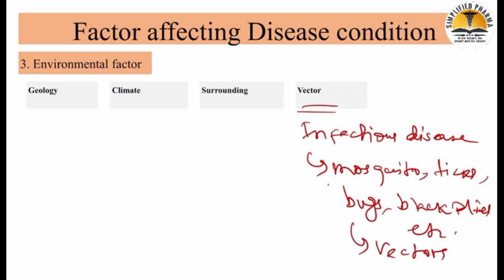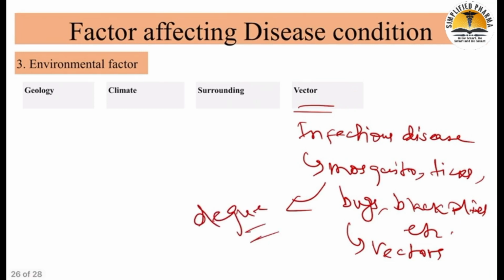So vectors like the female Anopheles mosquito may lead to dengue, right? So these vectors may affect the disease conditions.